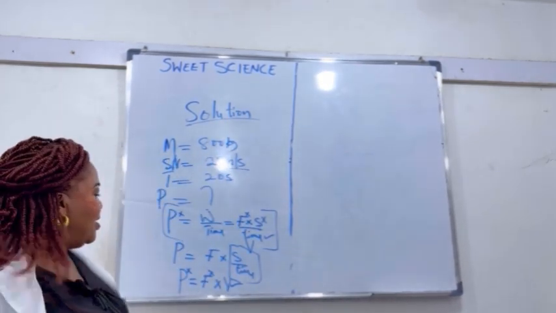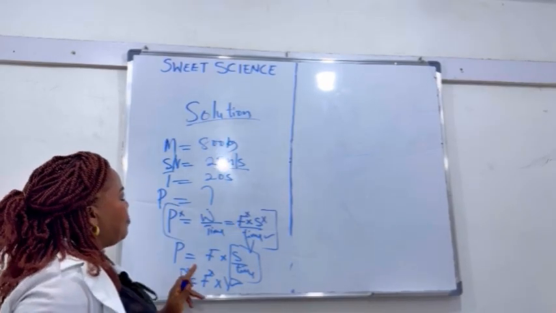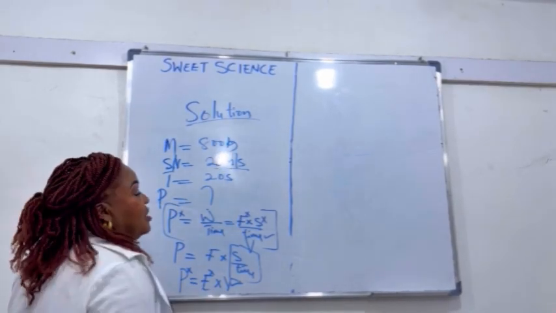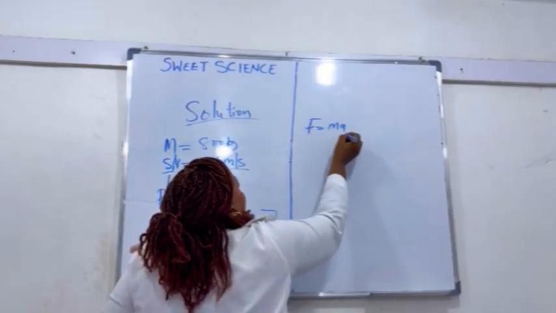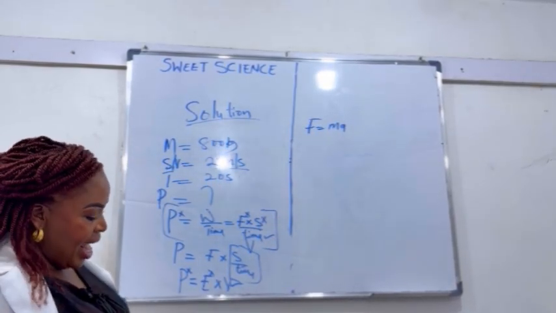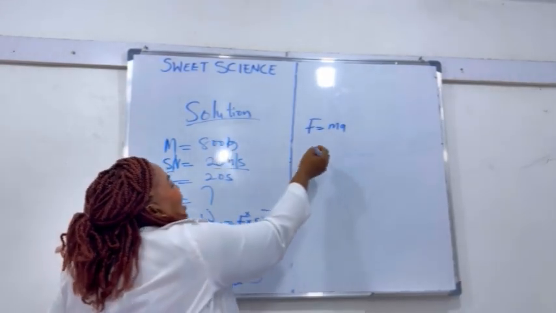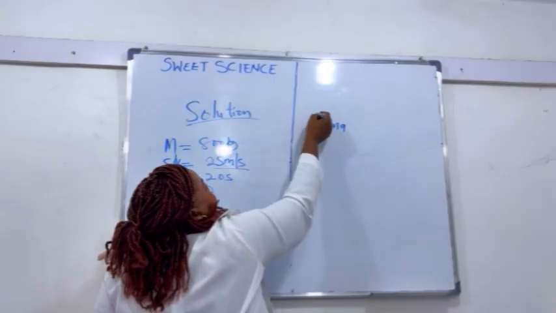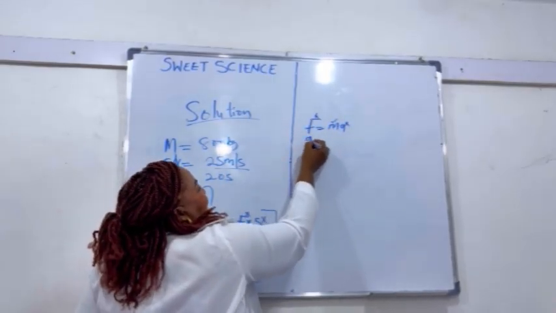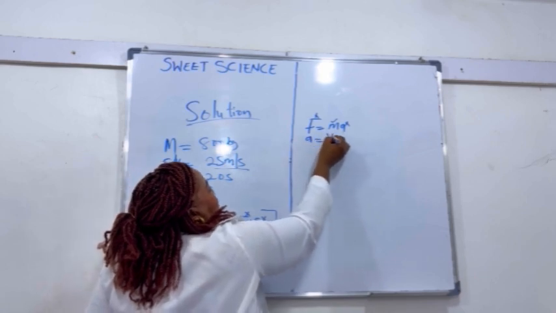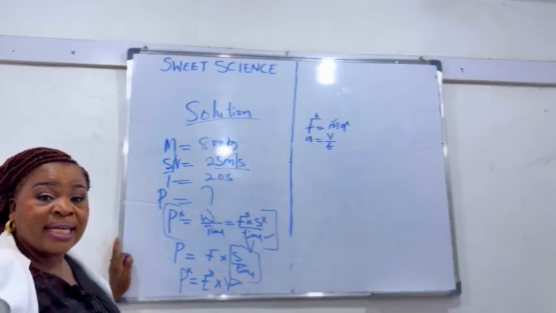Quickly, I hope you are enjoying this. Now, power is unknown, force is unknown. But from the parameters we have, we can calculate force. Force is equal to MA. Now it's getting interesting. This is known, this is unknown. We still go. A is equal to change in velocity over time.